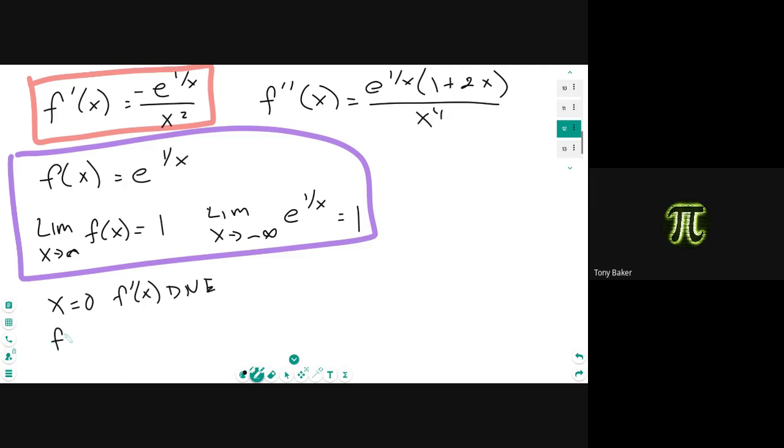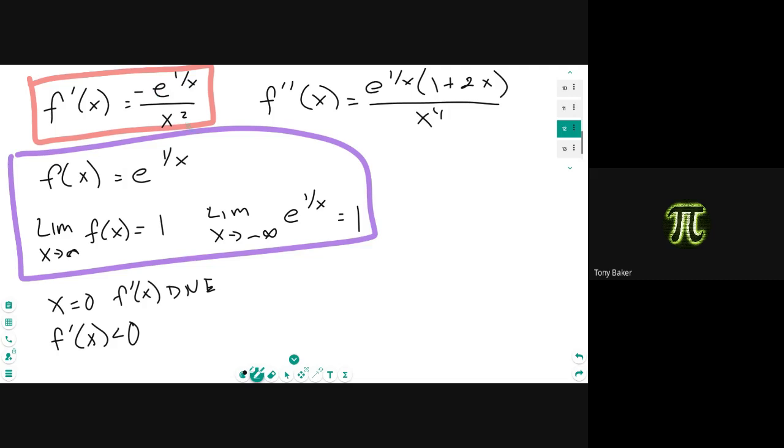So what happens when x is less than 0? What happens as the derivative is less than 0? So the top will always be what? If I'm going negative, the top is always going to end up being negative, right? Because e to whatever is always going to be a positive number, correct? So that whole top piece is going to stay negative because it's negative that.